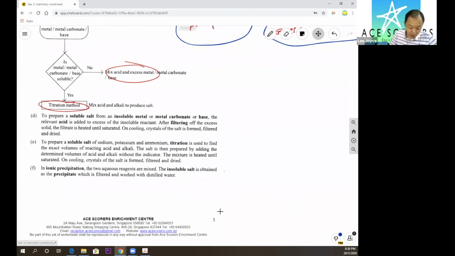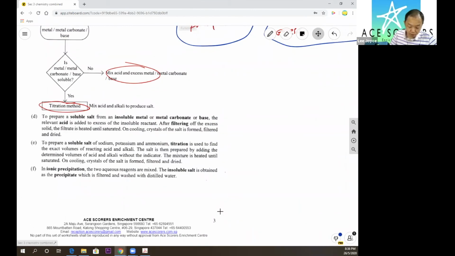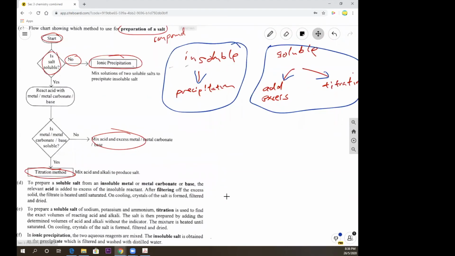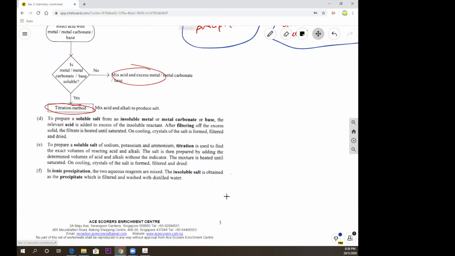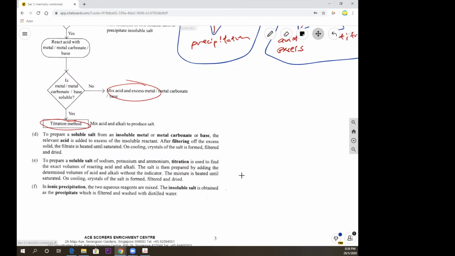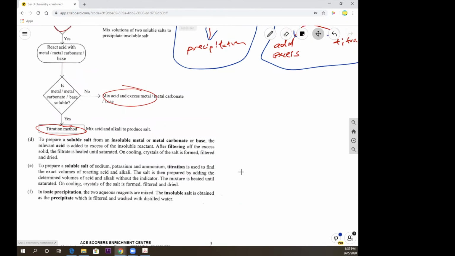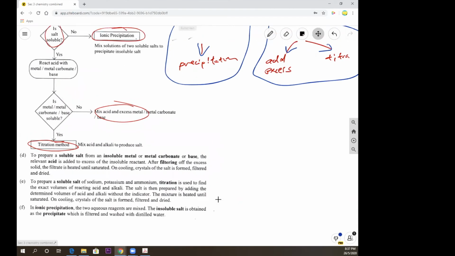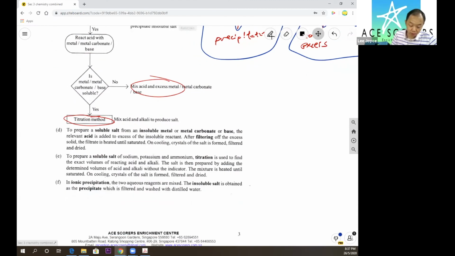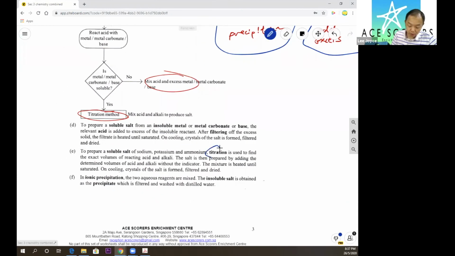To prepare a soluble salt of sodium, potassium. If you read the thing here, when do you use titration?